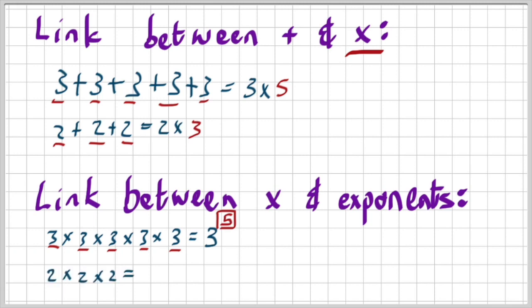What if I give you 2 times 2 times 2? You try it. Quickly write it down. It's going to be 2 to the power of 1, 2, 3, because there are 3 2s.